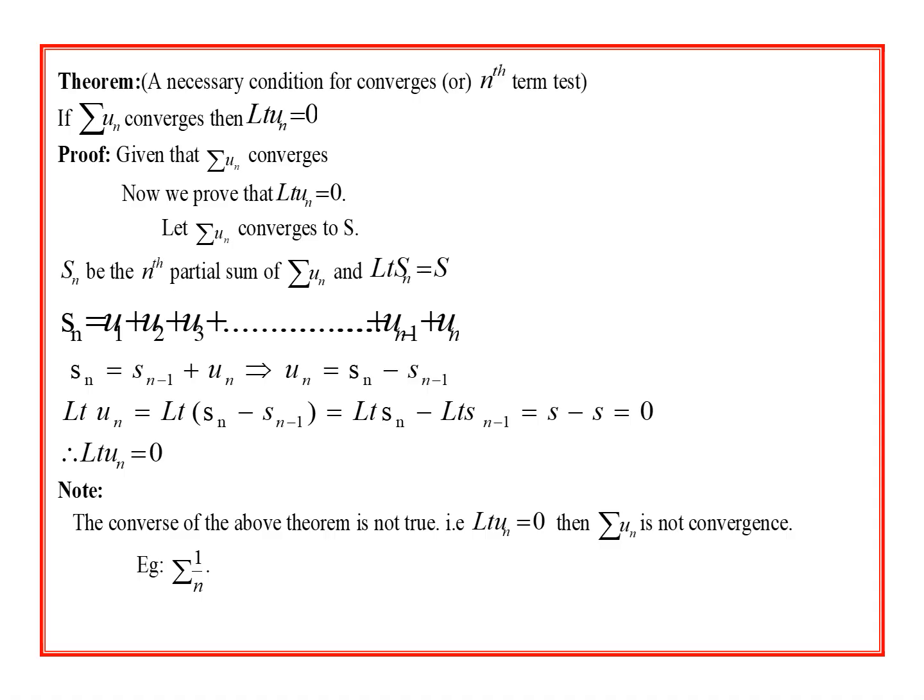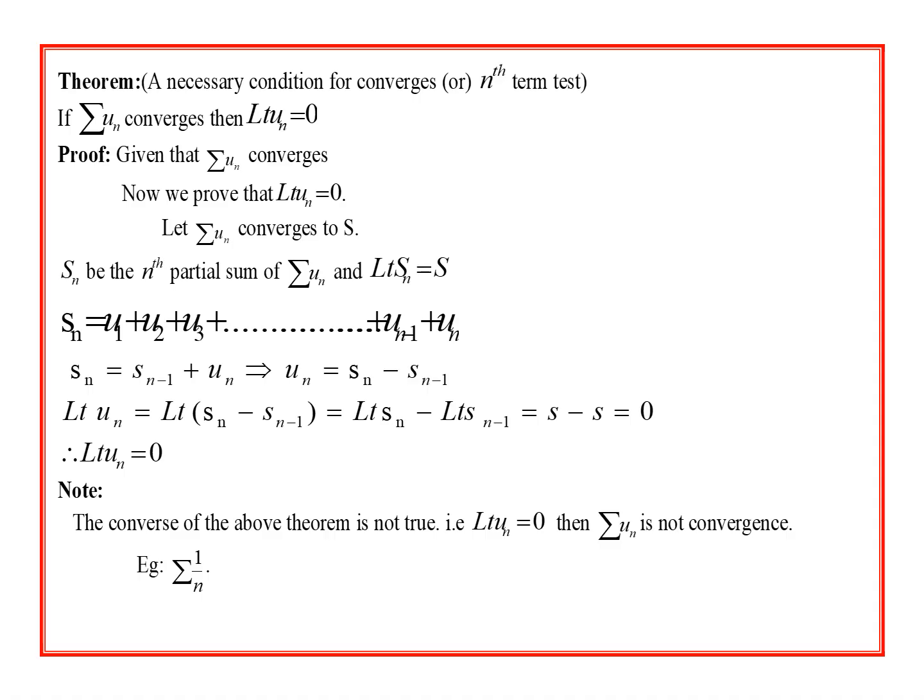For that, let sigma un converge to S, let Sn be the nth partial sum of sigma un, and let limit Sn equal S. Now Sn is equal to u1 plus u2 plus u3 plus so on plus u of n minus 1 plus un. Sn is equal to S of n minus 1 plus un. That implies un can be written as Sn minus S of n minus 1.